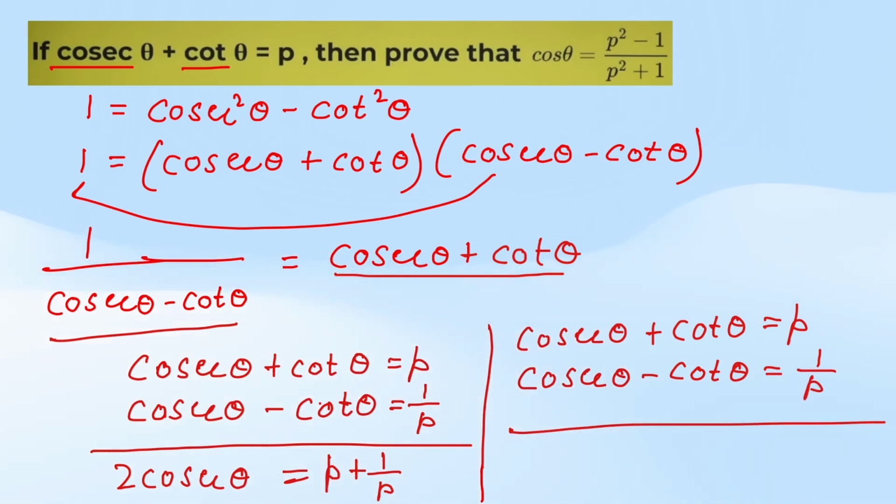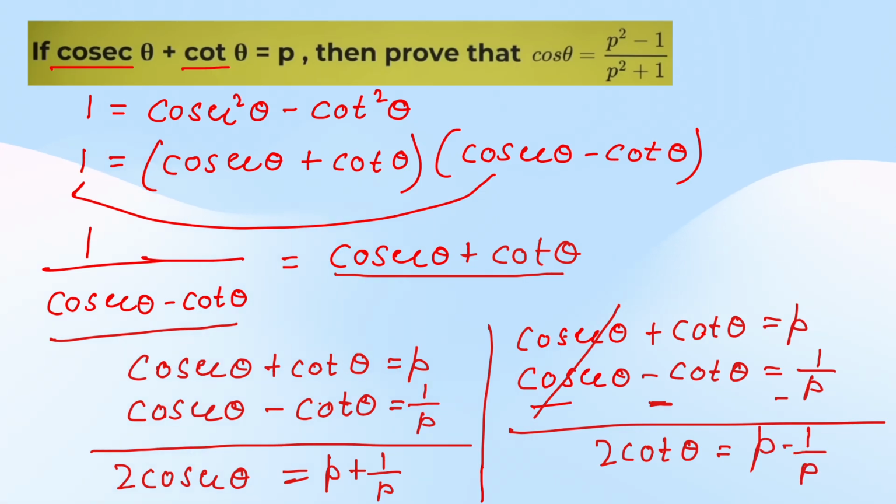If I subtract them, the cosec terms cancel out, and cot theta minus of minus cot theta becomes 2 cot theta equals p minus 1 by p. I have these two things now. 2 cosec theta is p plus 1 by p, and 2 cot theta is p minus 1 by p.